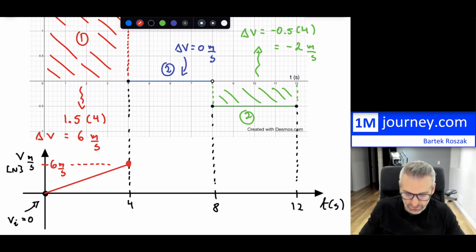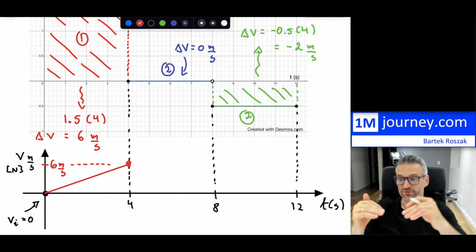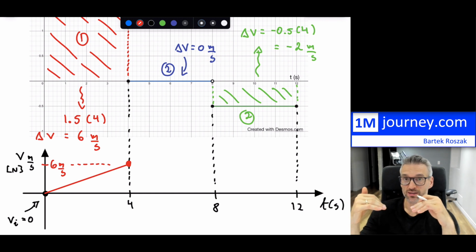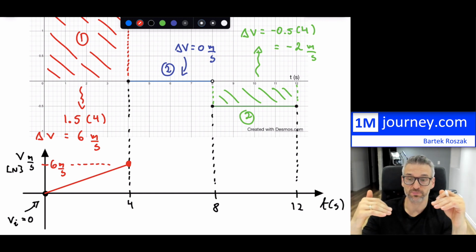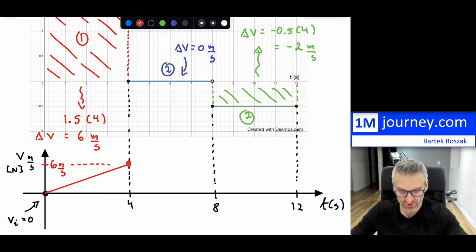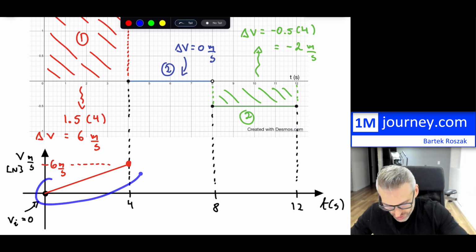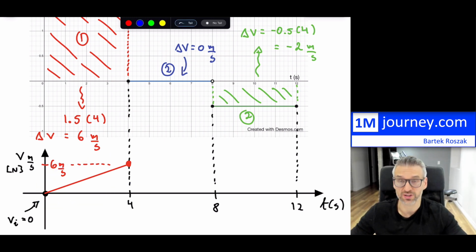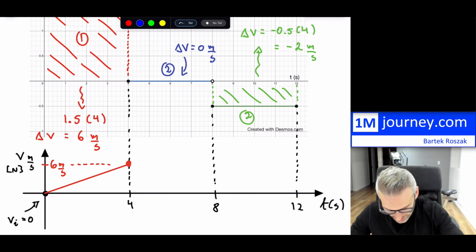Now, think back. If someone gave you the actual velocity time graph, which would be this, how would you get the acceleration? You would have to take the slope. Well, what is the slope? It rises for 6 and it runs for 4.